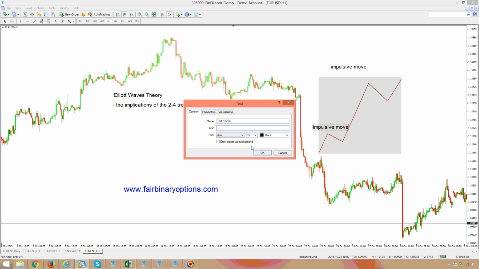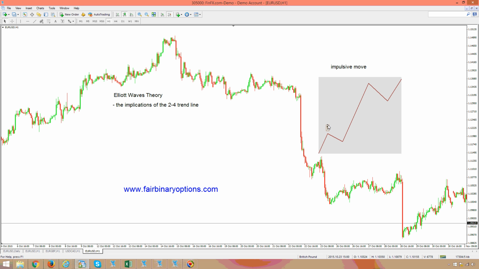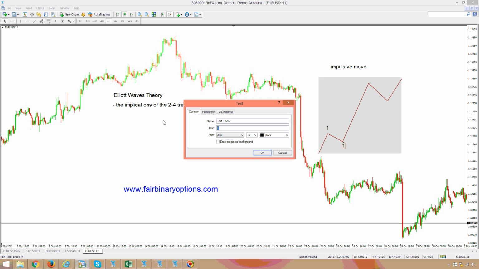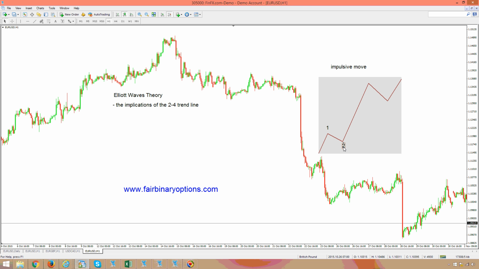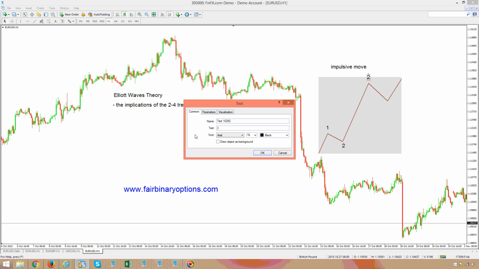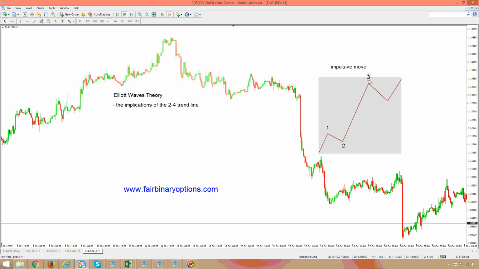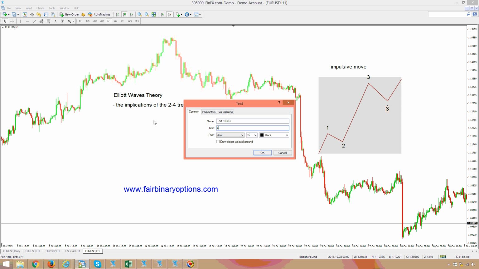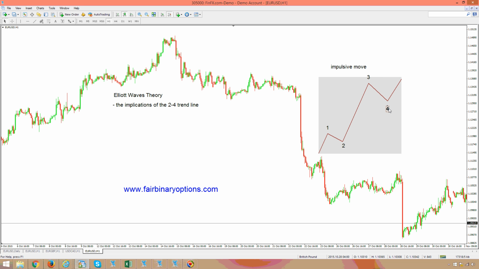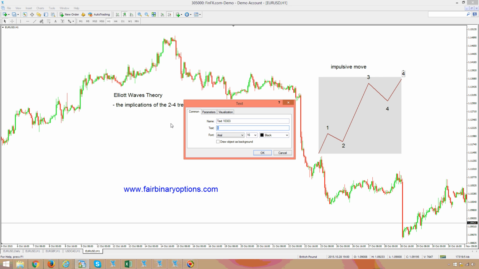So we said 1, so this will be the first wave to the upside, number 1, number 2, number 3, the fourth wave or a corrective wave to the downside, and then the final impulsive move of a lower degree to the upside. 1, 2, 3, 4, 5. This is the whole concept.